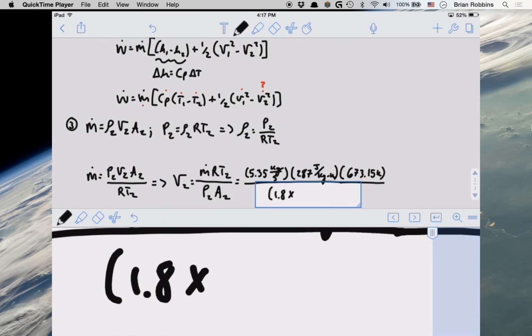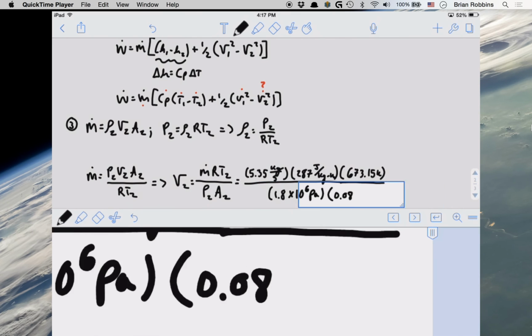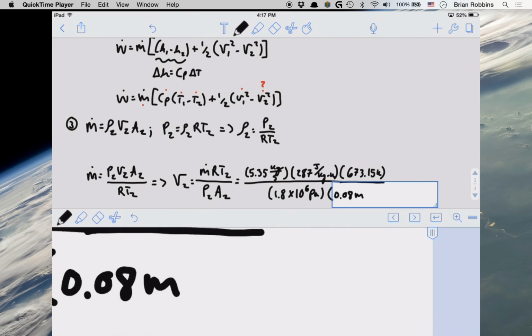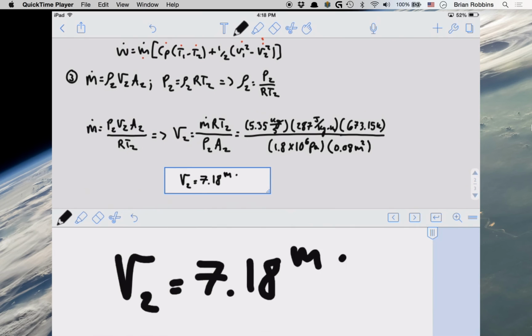That was probably hard to read. 1.8 times 10 to the 6 Pascal times our exit area, like so. Okay, so now when we go ahead and calculate this, we get that our exit velocity is 7.18 meters per second.